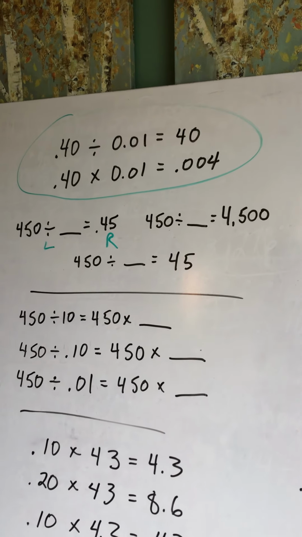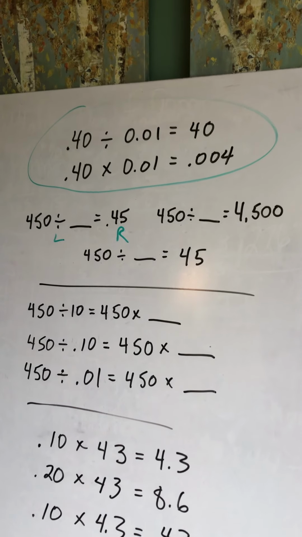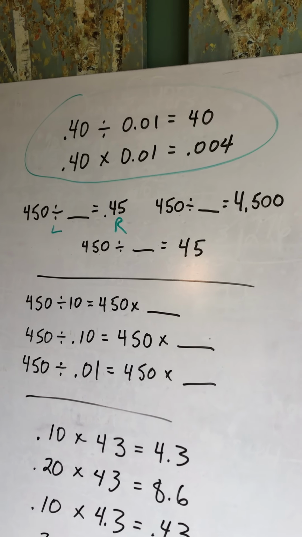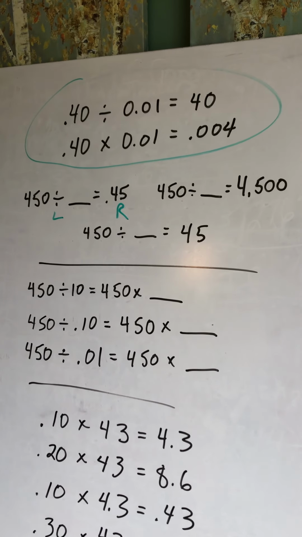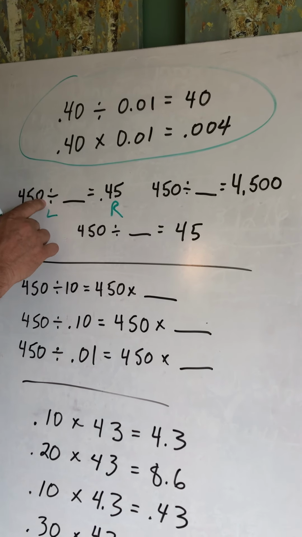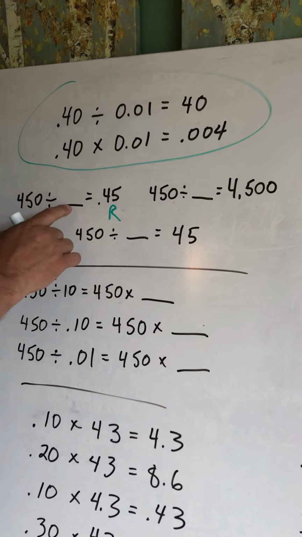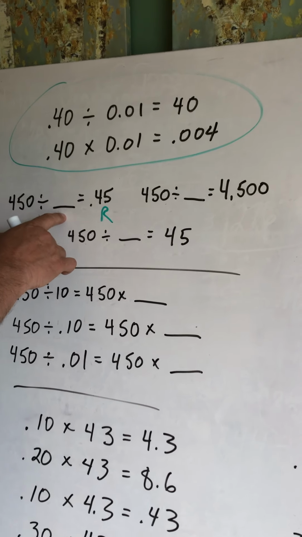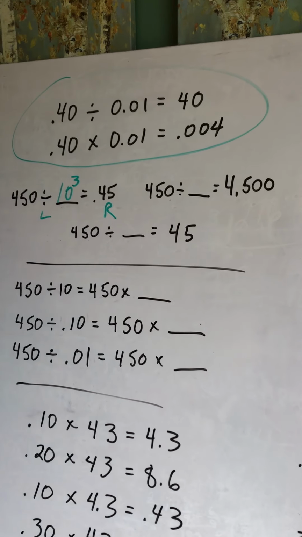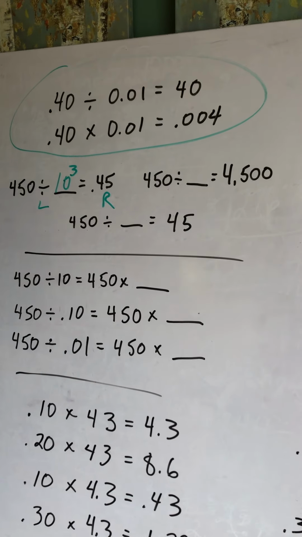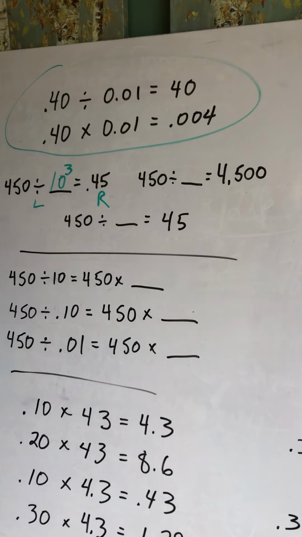So what number divided into 450 gives you 0.45, excuse me? Well, some of you are thinking, to go back, we'd have to divide by 1,000, right? I got a small space here, so I'm going to say 10 to the 3. I mean, that's 1,000, and now the left side equals the right side.